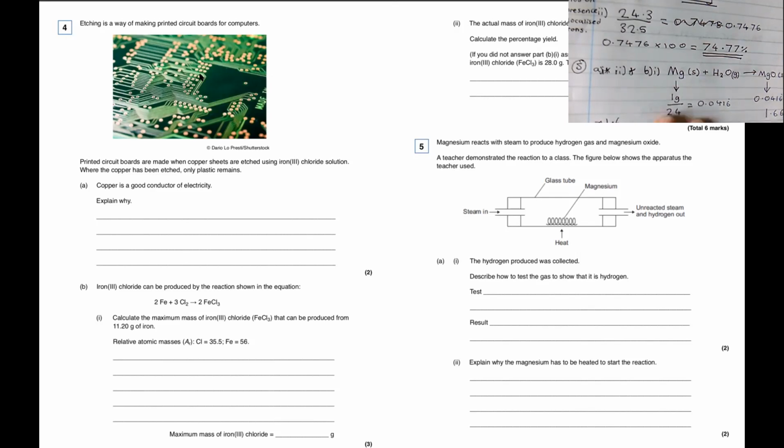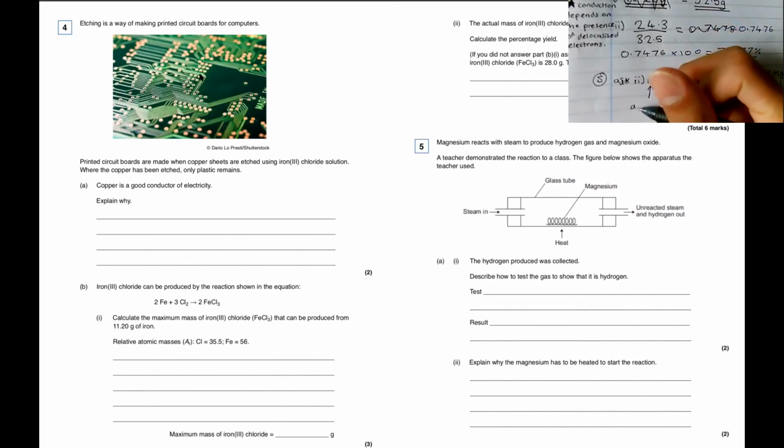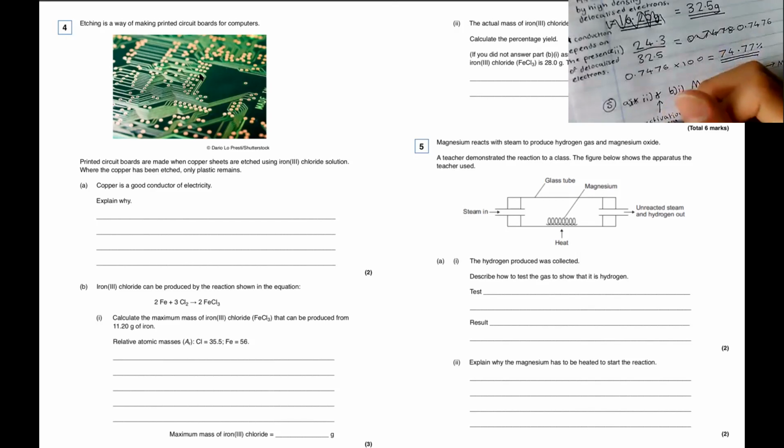It provides the activation energy, which then allows the reaction to take place, or increases the kinetic energy of the reactants such that they can collide successfully and produce products.